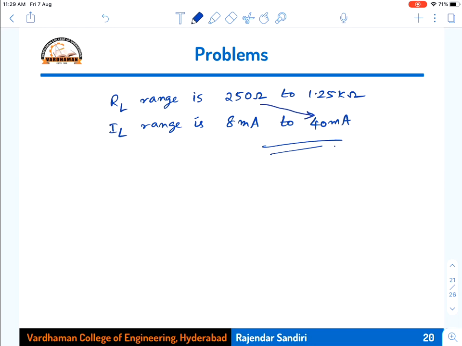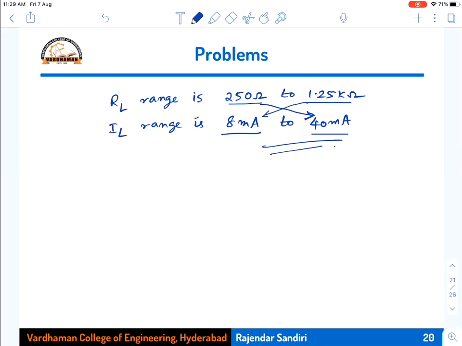This corresponds to this one. So 250 ohms is the RL value, and the corresponding current will be 40 milliamperes. If the resistance value is 1.25 kilo ohms, the corresponding current flowing is 8 milliamperes. That means the minimum resistance gives the maximum current, and the maximum resistance gives the minimum current.